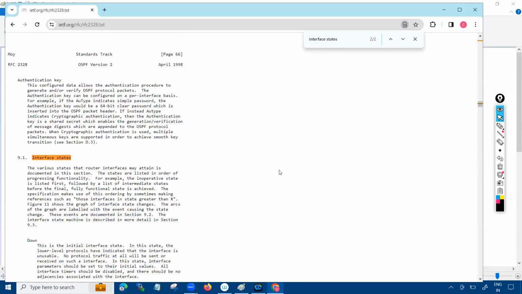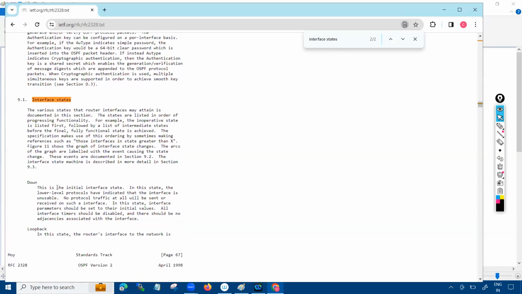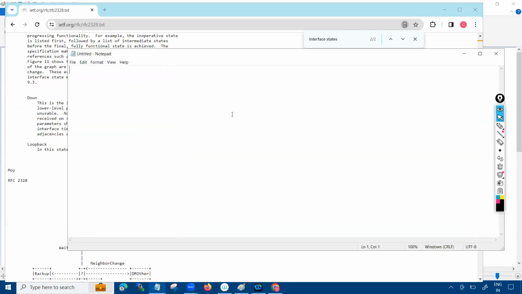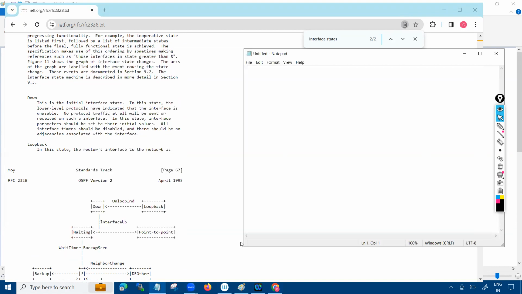Okay, here we see these are the interface states we have. It's down, and then the loopback. I forgot the name, loopback was there. So let me write on this. Loopback, down, then we have DR, BDR, DROther, and point-to-point.